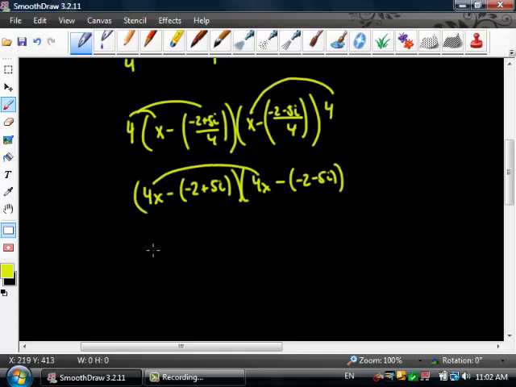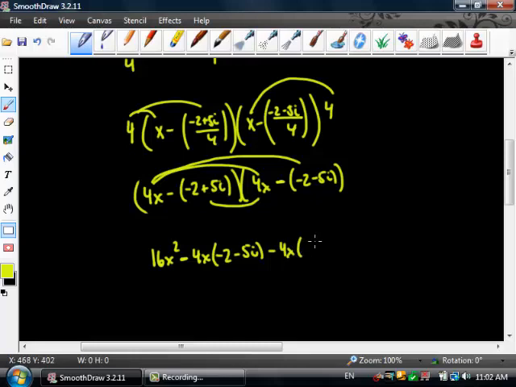Just FOIL normally. 16x squared. Okay, 4x times this thing. It's a negative thing, so it's going to be negative 4x times -2 minus 5i. Again, the negative thing times 4x is another negative 4x times -2 plus 5i.